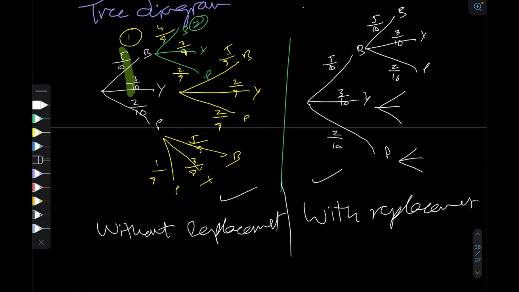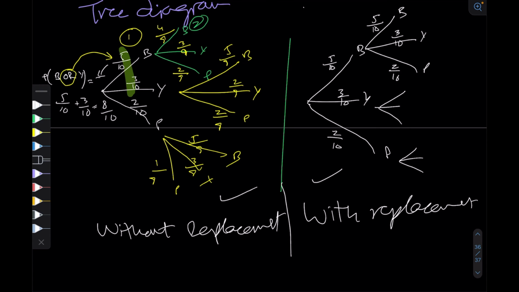So if you're going vertically over here, this basically means the probability of getting a blue or a yellow would be 5 over 10 plus 3 over 10, which is 8 over 10. Whenever we say or, it basically means that we're satisfied with getting either a blue or a yellow. So in other words, we are moving vertically between the branches.